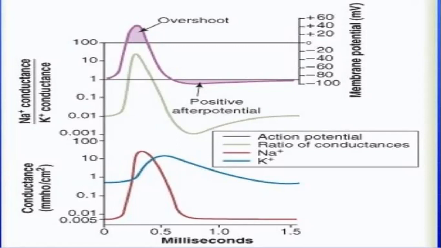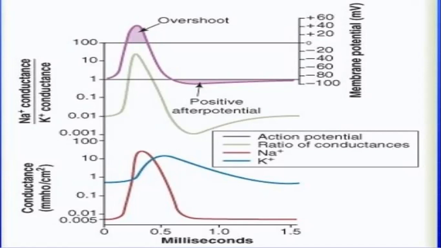A relative refractory period then lasts from this point to the start of after-hyperpolarization. During the absolute refractory period, no matter how strong a stimulus you apply, you will not be able to generate an action potential. But in the relative refractory period, if you increase the strength of the stimulus, you will be able to generate an action potential.